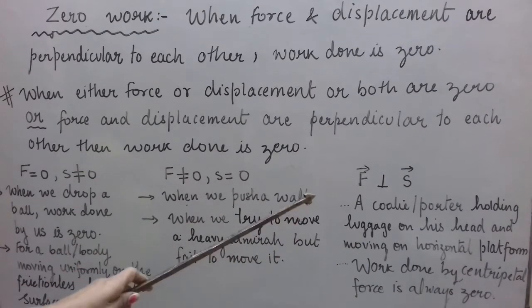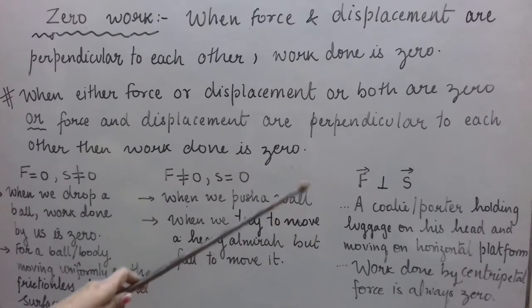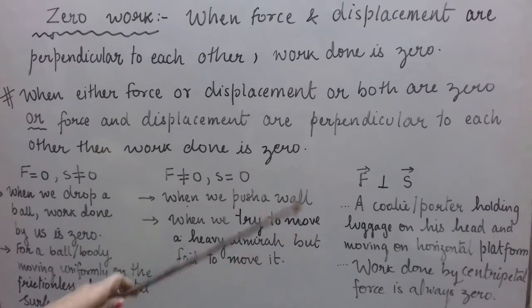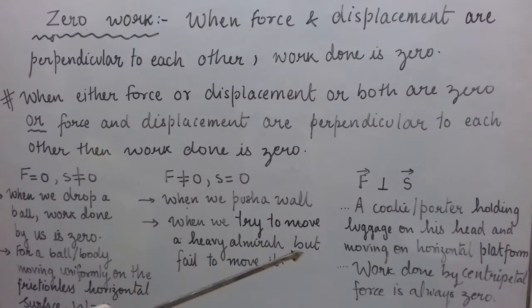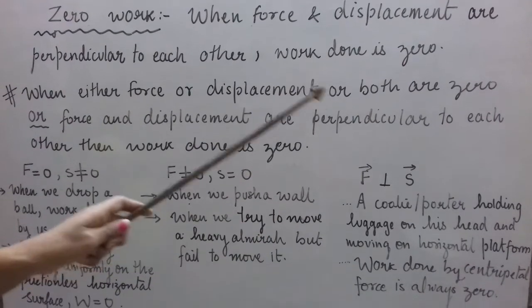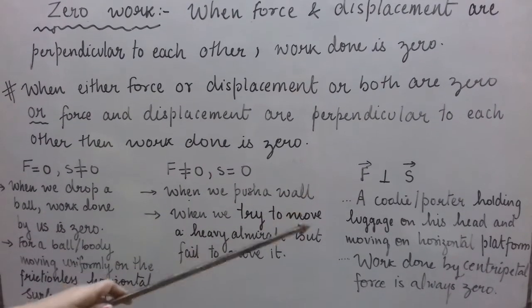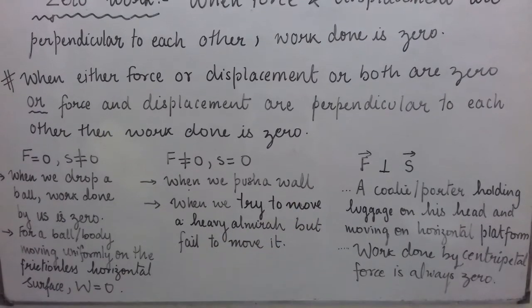Although he has done work when he picks up the luggage from the ground onto his head. Similarly, when he keeps the luggage down from his head on the ground or on some platform, then he is doing work. But when he holds the luggage on his head and moves on the horizontal platform, he is not doing any work.